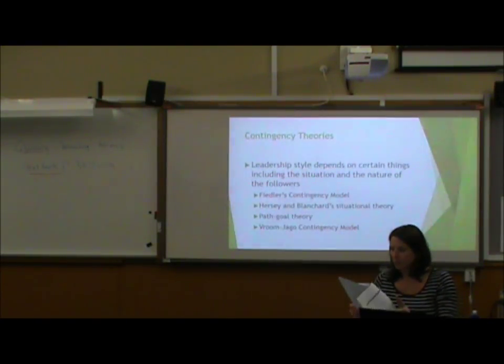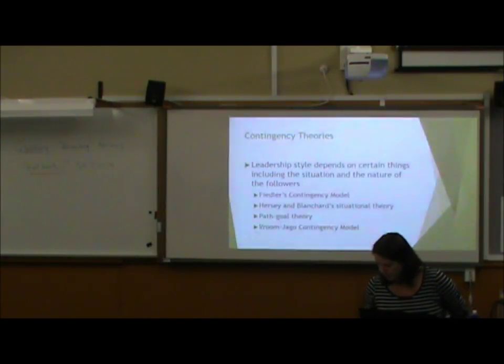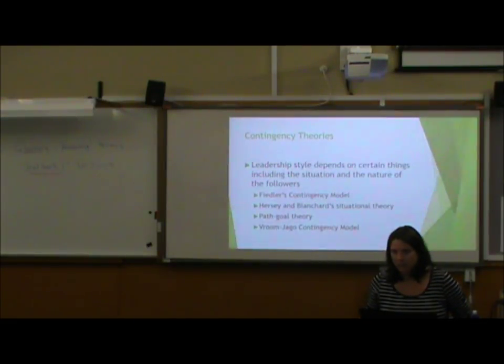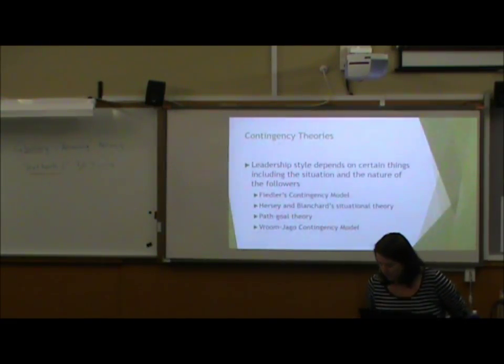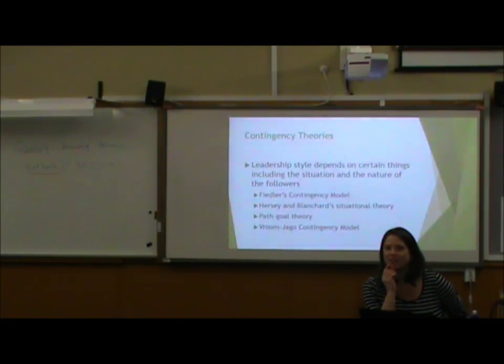Fiedler's contingency model, page 55. This one was based on that least preferred co-worker scale. Do you remember that? They got people to rate their least preferred co-worker. I can't remember exactly, but how they rated their least preferred co-worker indicated whether or not they were task or people focused, essentially, as a leader.